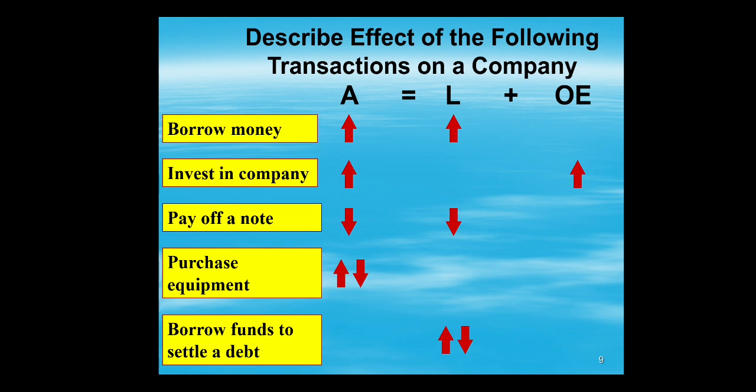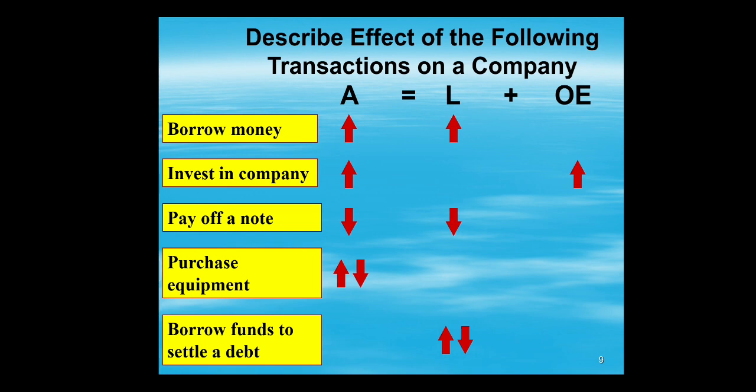So you have seen here there are 5 examples of transactions, and how you can analyze the effect of that transaction on the accounting equation. You can see here, sometimes the effect of a transaction can be one effect on the left side of the equation and another effect on the right side of the equation. Sometimes the effect can be two effects on the left side of the equation.